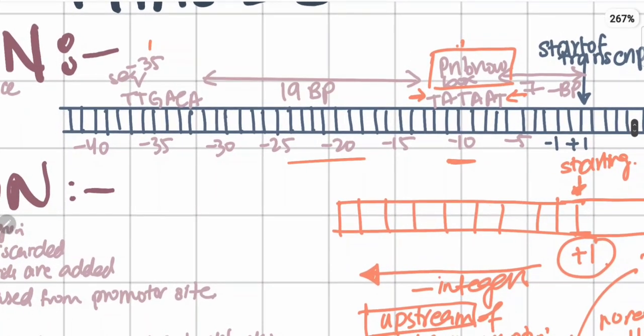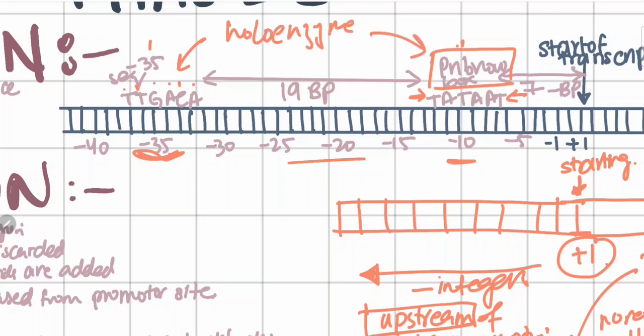And then at -35, we have another sequence, TTGACA, right? TTGACA. This is another promoter region. Here, the holoenzyme is going to recognize these two regions.